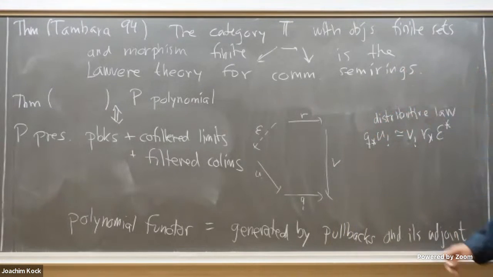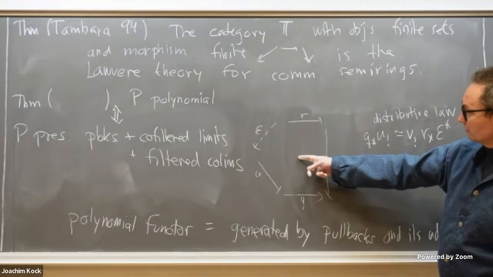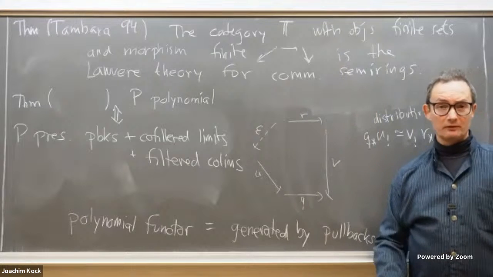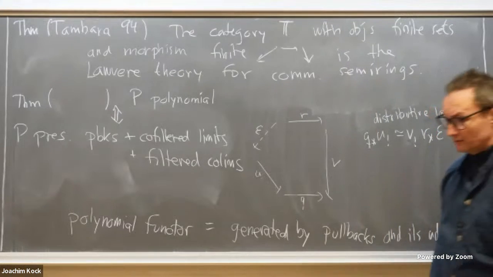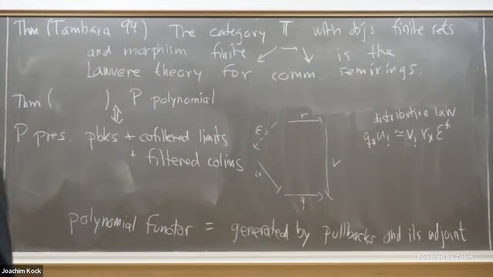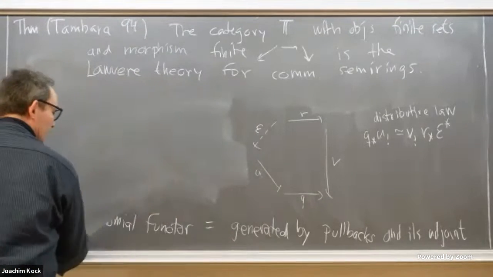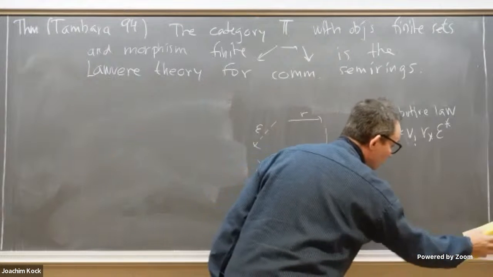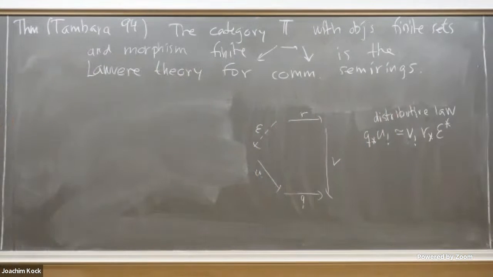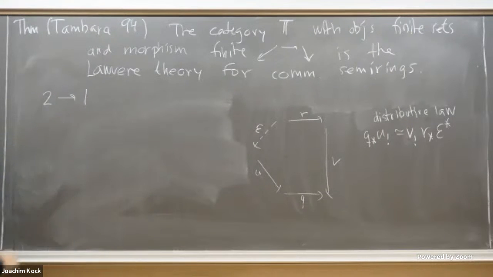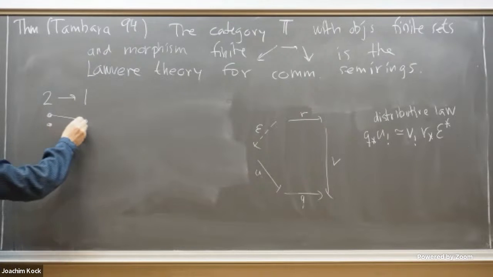Okay, I want to show you how this distributive law corresponds to the usual distributive law for elementary arithmetic. It really all comes down to this little map from a 2-element set to a 1-element set. There's only one such map.